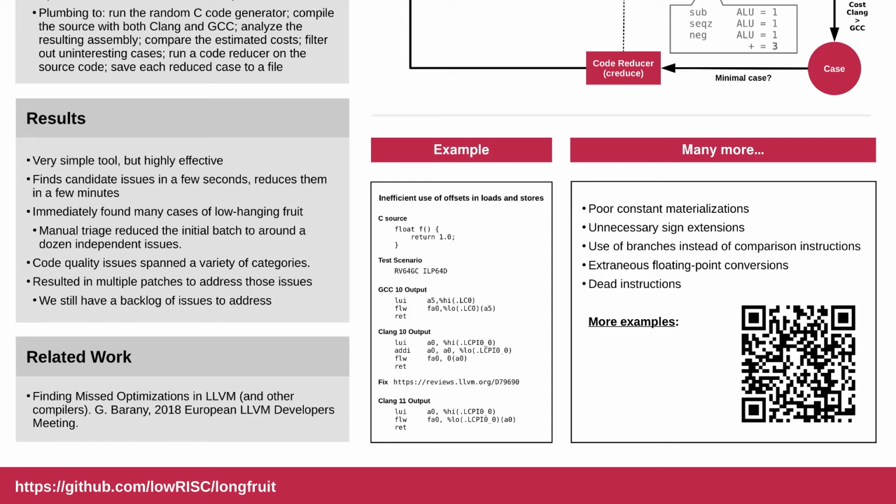In some cases, we weren't using the offset immediates in load and store instructions. There were also unnecessary floating point conversions, and even cases with dead instructions. Many of these issues we have already addressed with simple fixes. Other issues require more complicated solutions, so we still have a backlog of issues to work through.